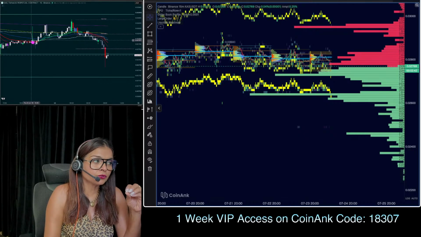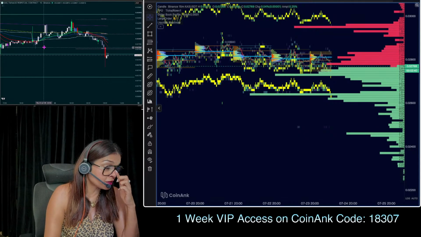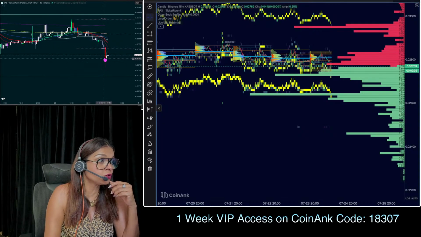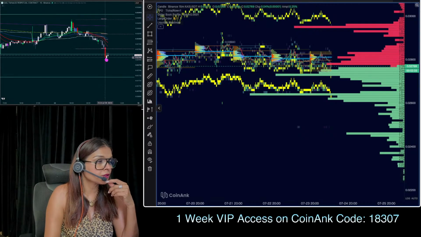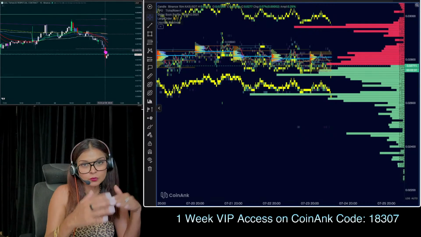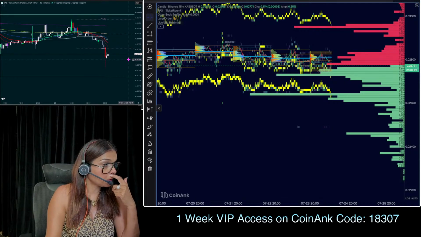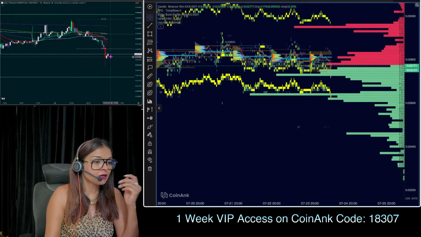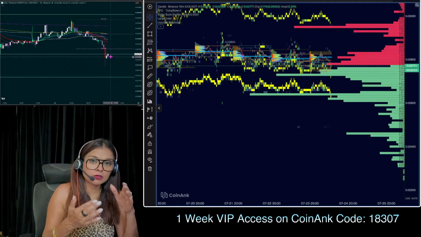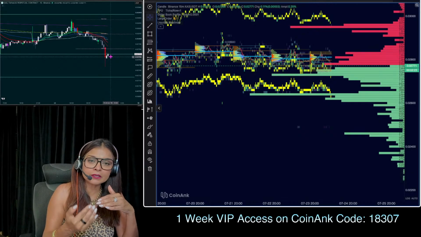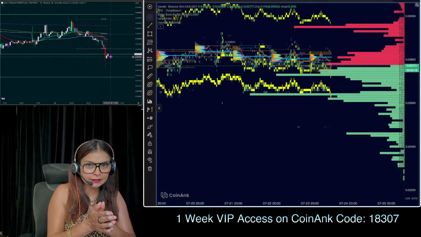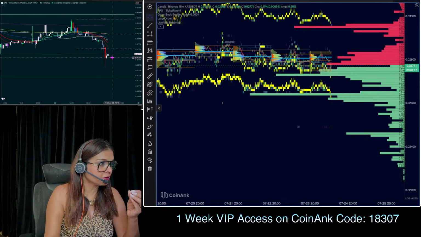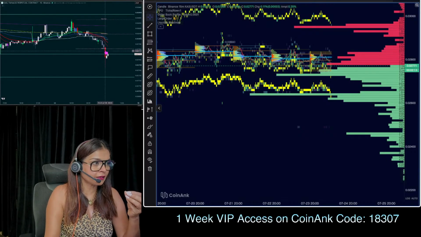Now, a stopping volume candle doesn't mean that there is a reversal. A stopping volume candle would be a huge wick, as you can see here, with a smaller body. When we have a stopping volume candle, all it's doing is stopping the volume. It's not a reversal candle. For a reversal candle, price would have to take out this stopping volume candle.